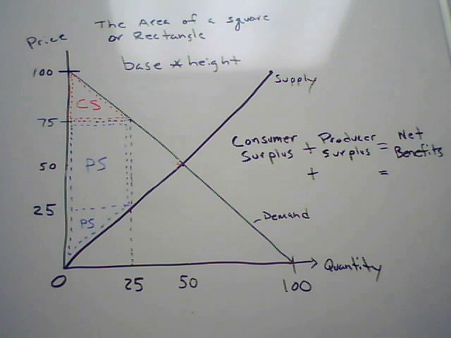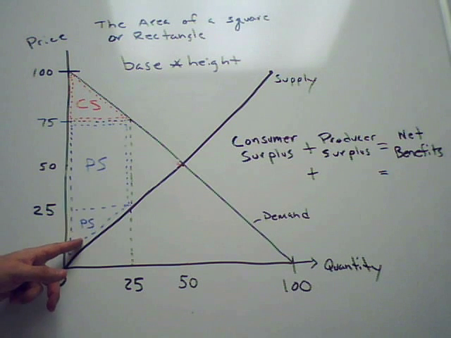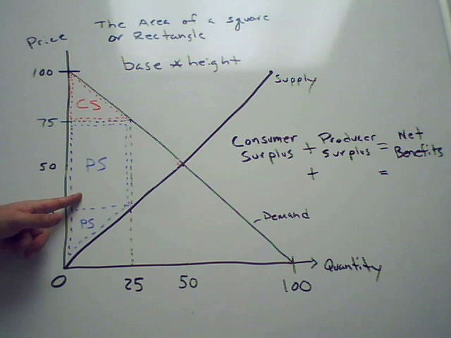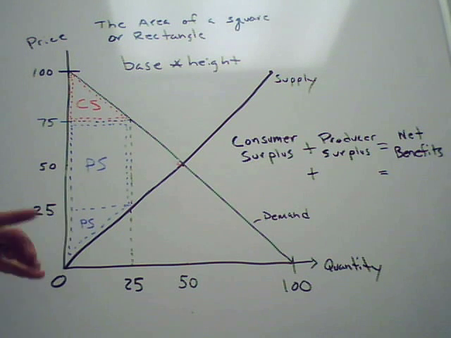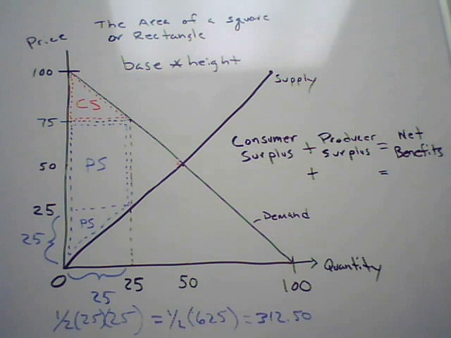So estimating producer surplus, I need to first find out the area of this triangle here, and I also need to find out the area of this rectangle here. Combining those two will give me the total producer surplus for that entire area. So first, let's begin with estimating the triangle.